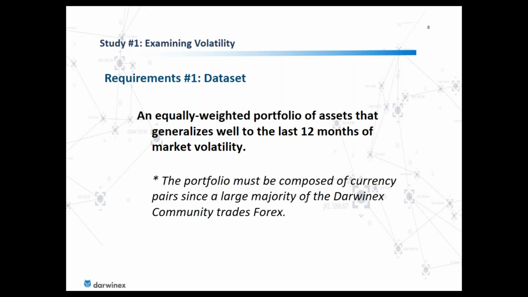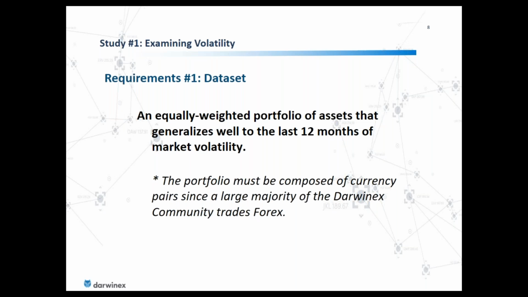And the portfolio, since we're talking about Darwinex trader community performance, that portfolio would have to be composed of currency pairs, since a large majority of the Darwinex community trades foreign exchange. So firstly, starting off with the data set, we're going to use an equally weighted portfolio of currency pairs that allow us to generalize volatility well to actual market volatility.